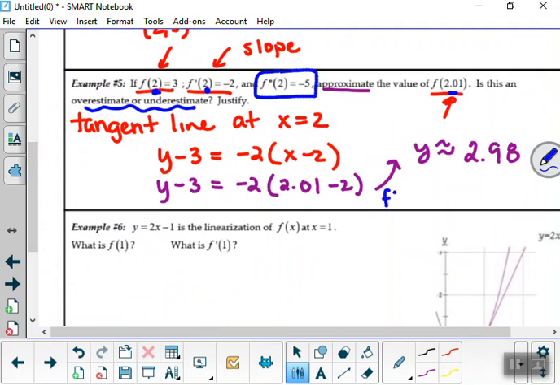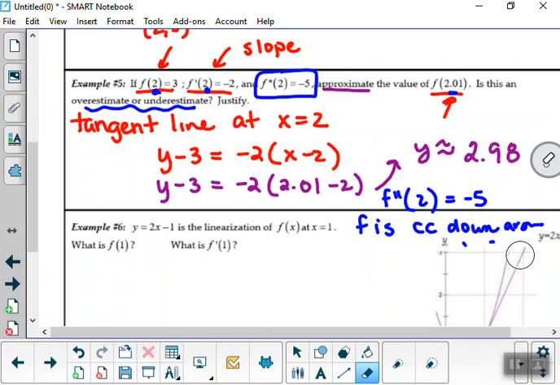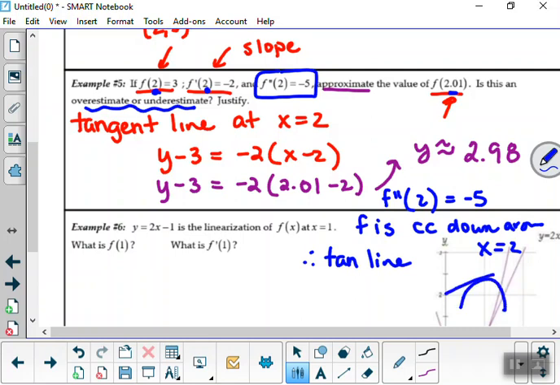Okay, since f double prime at 2 is negative 5, f is concave down around x equals 2. Therefore, tangent line, think about concave down, curve, overestimates.